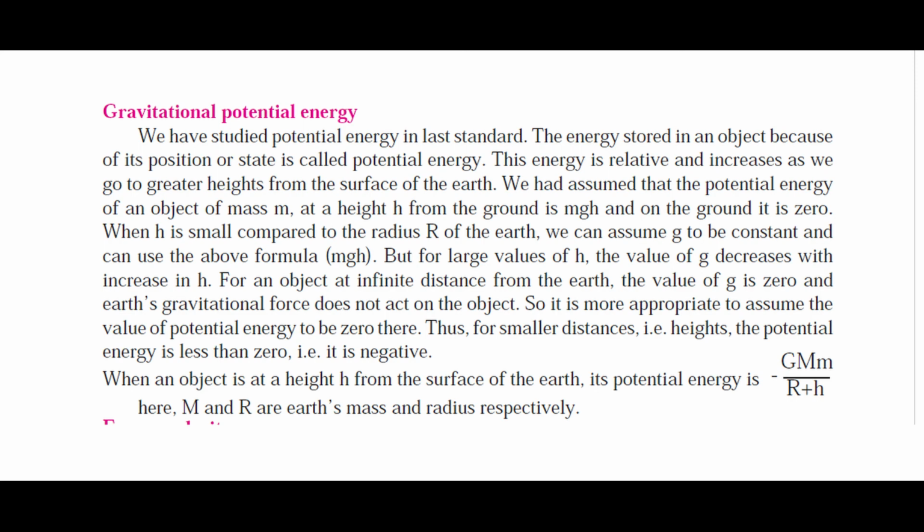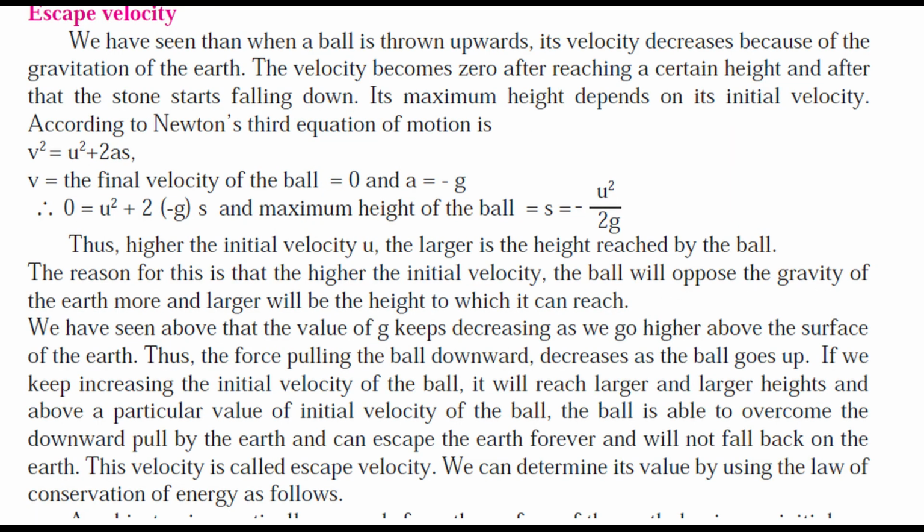Now let's look at escape velocity. When the ball is thrown upwards, its velocity reduces because of the gravitation of the Earth. The velocity becomes 0 when it reaches the maximum height, and then it starts falling down. The maximum height depends on the initial velocity, and according to Newton's third equation, v square is equal to u square plus 2as.